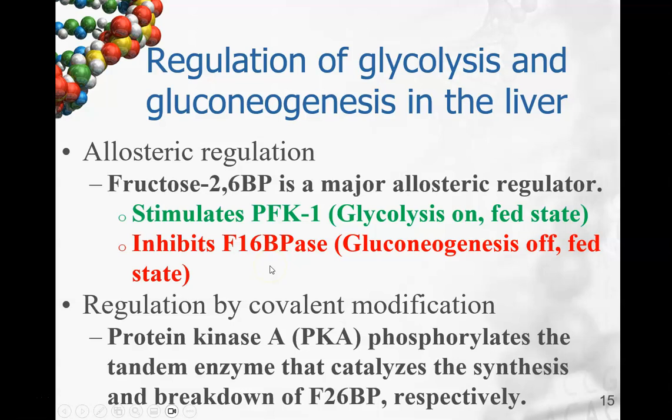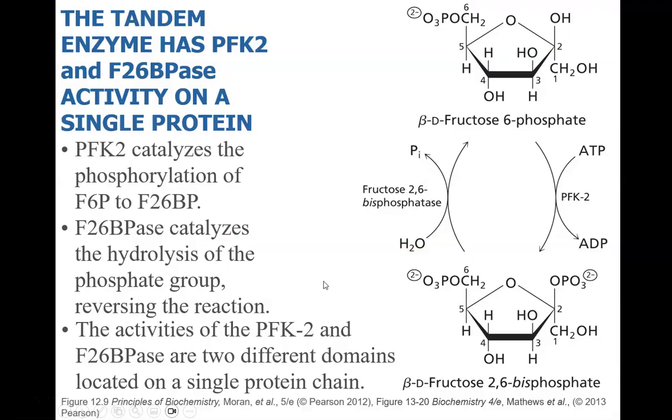Another way is we're going to regulate by covalent modification. So protein kinase A is going to phosphorylate the tandem enzyme that catalyzes either the synthesis or the breakdown of the fructose 2,6-bisphosphate. And we've talked about this before, but we'll talk about it again now. So again, the reaction we're talking about is fructose 6-phosphate to fructose 2,6-bisphosphate.